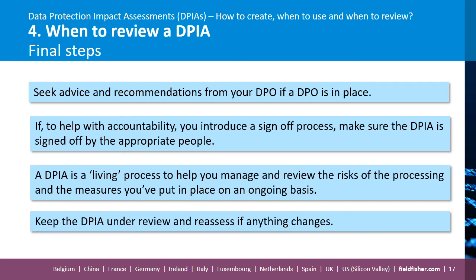If to help with accountability you introduce a sign off process, make sure the DPIA is signed off by the appropriate people. And last but not least, remember that a DPIA is a living process to help you manage and review the risks of the processing and the measures you put in place on an ongoing basis. So keep the DPIA under review, and reassess if anything changes.